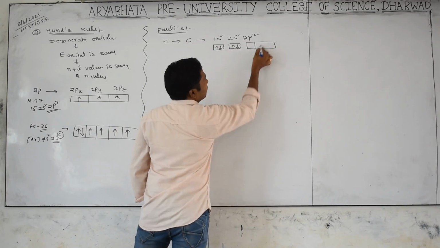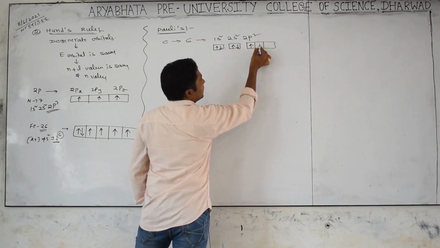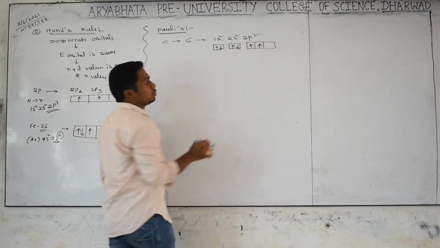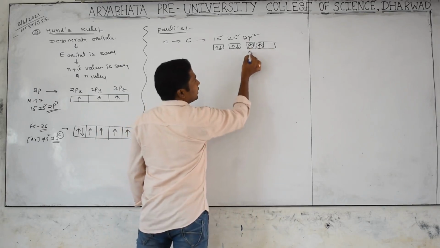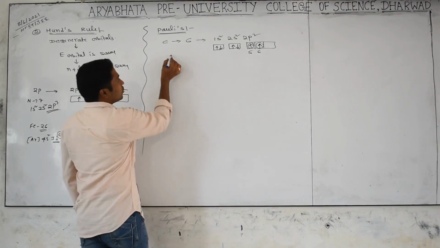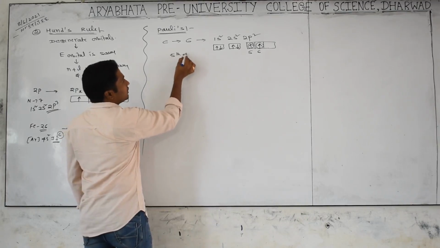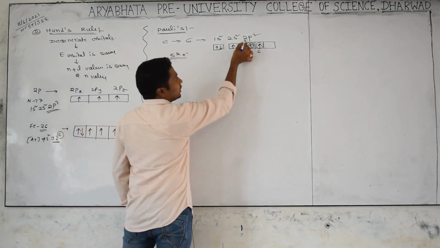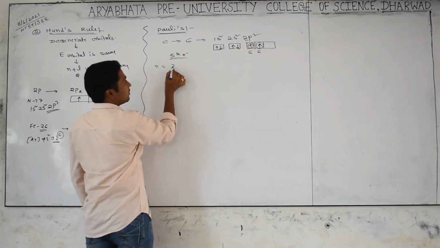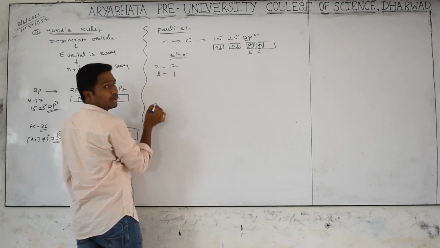So we have 3 types, one px, another py. Choose any 2 electrons, for example, this one and this one, the 5th electron and 6th electron. Write down the 4 quantum numbers for the 5th electron. n is equal to 2, as the 5th electron goes into the second shell. l is equal to 1.